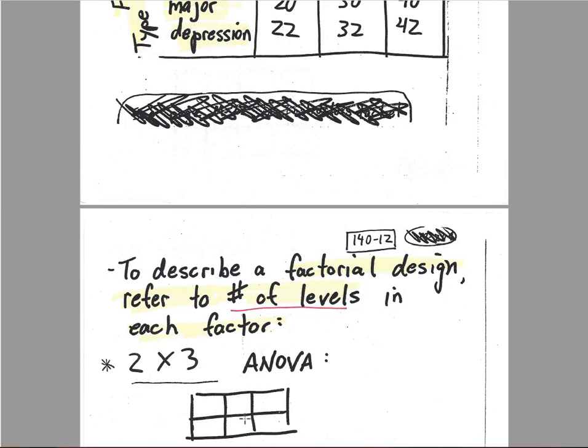Got 3 columns here representing the 3 conditions of factor A. I have 2 rows here representing the 2 rows of factor B. My 3 columns here are the 3 conditions of length of therapy, 0 weeks, 5 weeks, 10 weeks. My 2 horizontal rows here are the 2 conditions of factor B, type of depression. These are the dysthymia people. These are the major depression people. That's what it means if they said, I analyzed it as a 2x3 Anova.